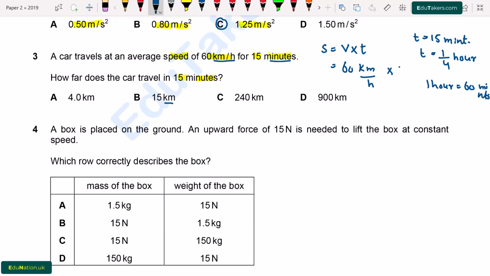So I multiply here with 1 over 4 and unit is hour. So the distance will be equal to 15. This hour cancels by this and unit is kilometer.